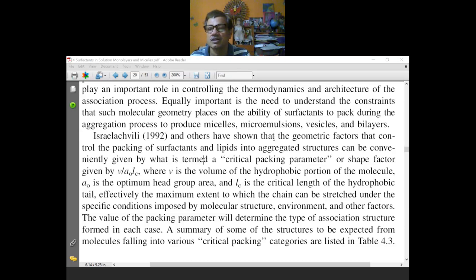It is the critical packing parameter or shape factor, defined by the term V by A0 into LC, where V is the volume of the hydrophobic portion of the molecule, A0 is the optimum head group area, and LC is the critical chain length of the hydrocarbon moiety, the hydrophobic moiety.